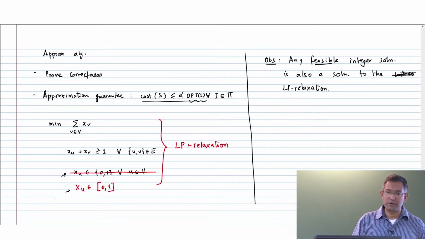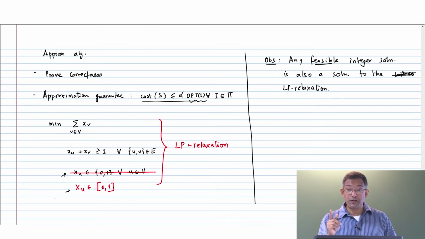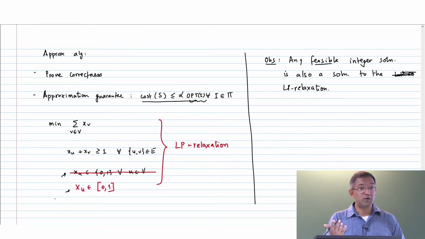So, here when the xu is taken in the interval 0 to 1, the solution will be always in between 0 and 1. So, how can it be integer? It need not be integer. So, that is what. If you give me an integer solution that is feasible, right. One feasible solution is to take all the vertices in your vertex cover.